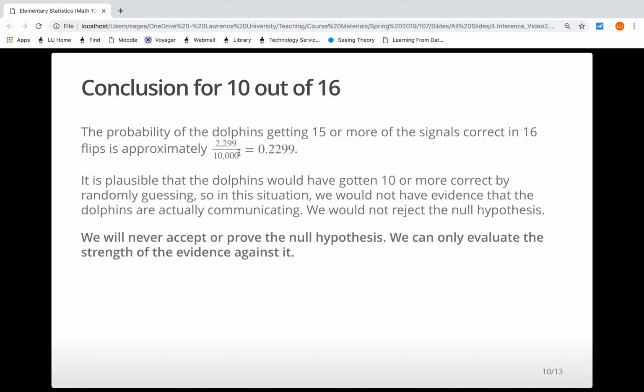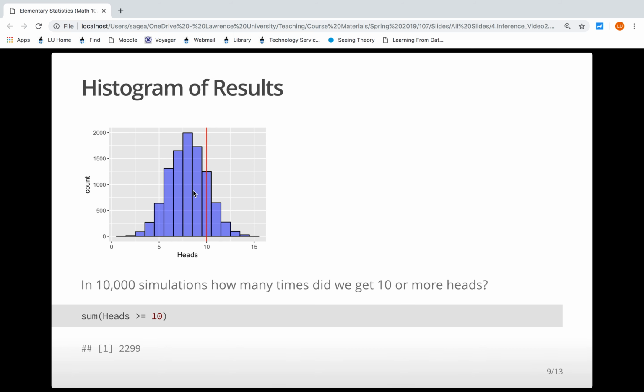That's a simulated p-value of 2,299 out of 10,000, or about 23%. 0.23 is much higher than the cutoff points of 0.05 or even 0.1. And it tells us, just by looking at the histogram, 10 out of 16 is not out of line with what we would have expected to see if the dolphins were guessing.